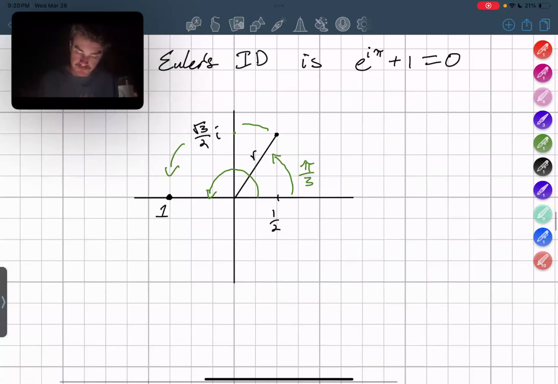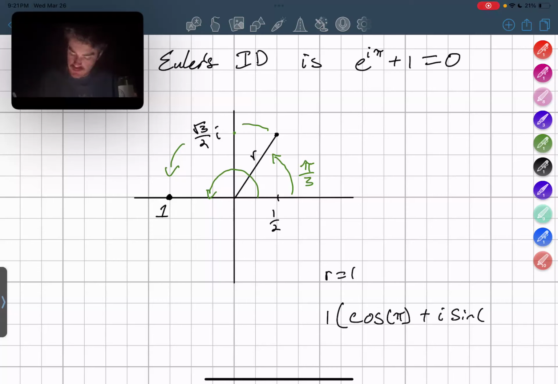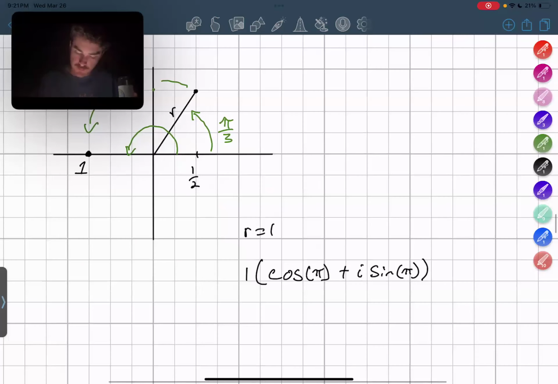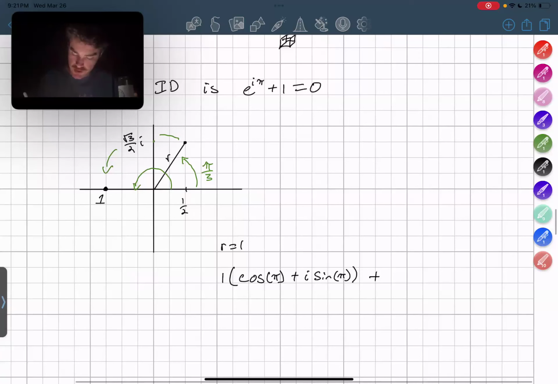Well, let's put this in polar coordinate form. So I have some r, which is r equals 1, so it's going to be 1 times cosine of pi plus i sine pi. And then we also want to add 1 to this, and this should give us 0.